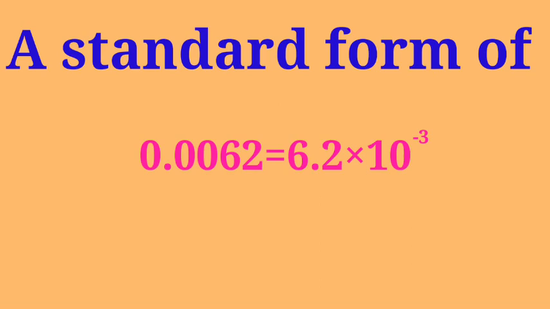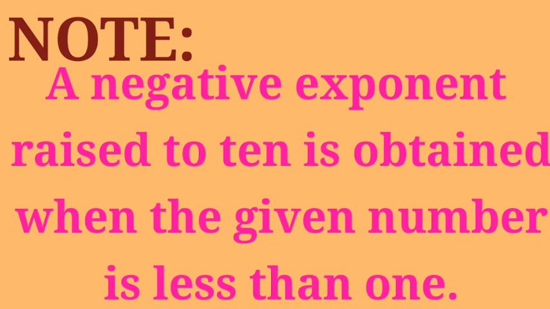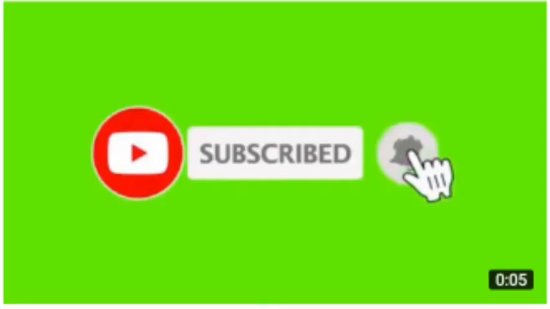And the zeros which we have are only 3 zeros. We have 1, 2, 3. So the resulting standard form will be 6.2 times 10 raised to negative 3. And you have to remember the exponent to which 10 is raised must be negative if the given number is less than 1.